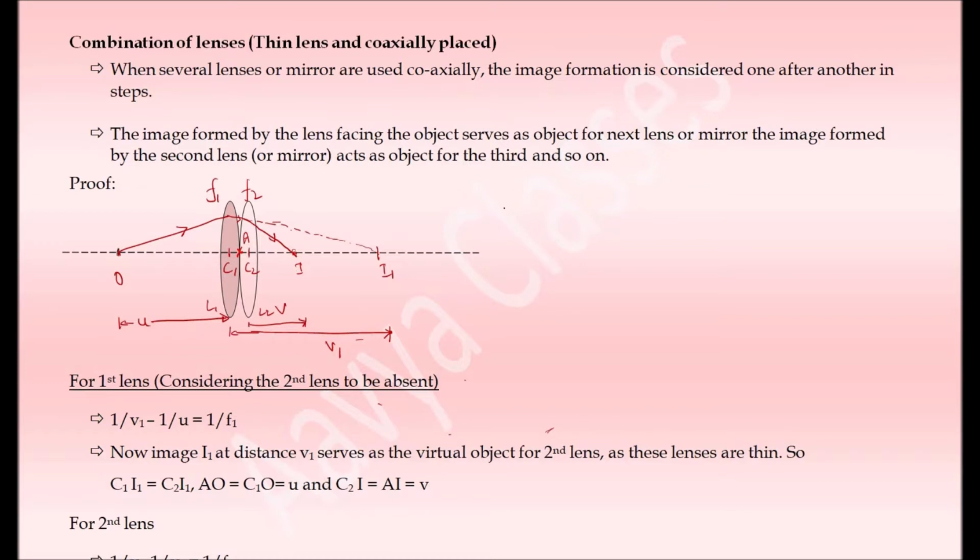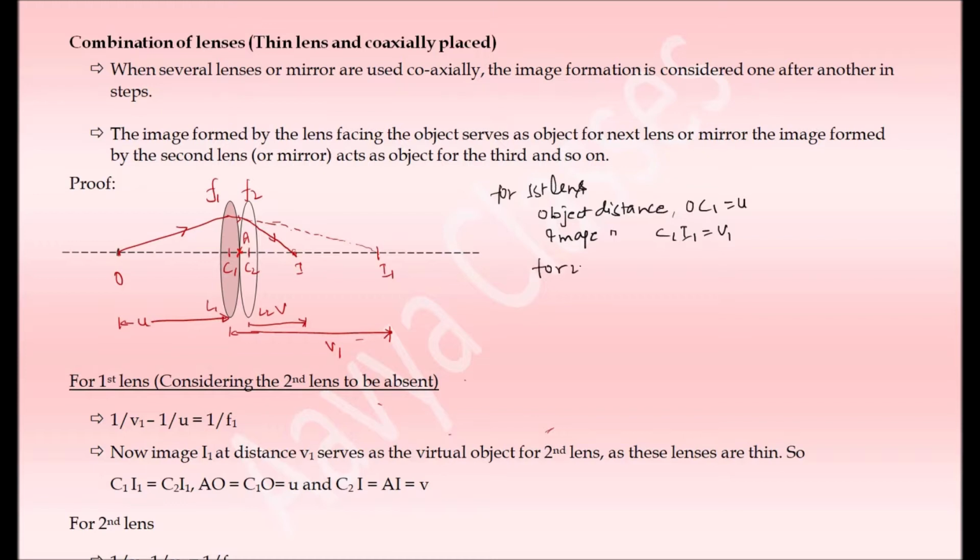So first I will write the object distance and image distance for both lenses. For the first lens, the object distance OC1 is equal to U, and the image distance is C1I1, and we call it V1.